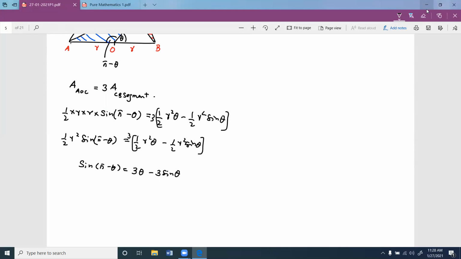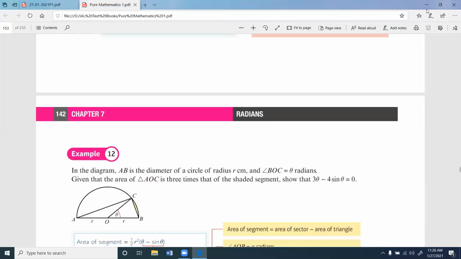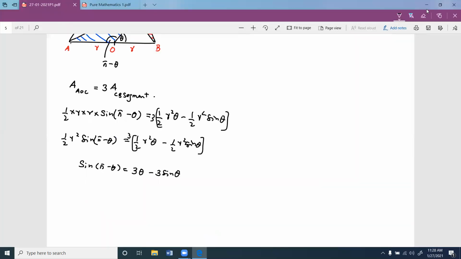We have to get the value for sine pi minus theta. From the trigonometry part, using the quadrants, sine pi minus theta is equal to sine theta. Therefore, you can say 3 theta minus 3 sine theta minus sine theta equals 0.